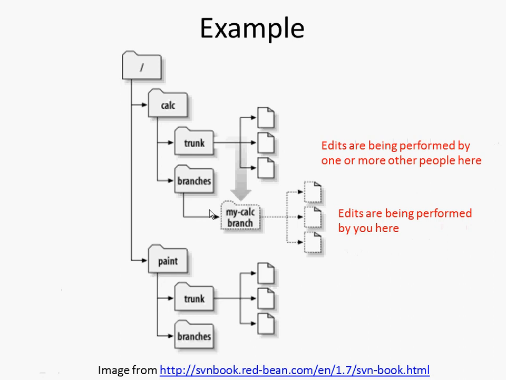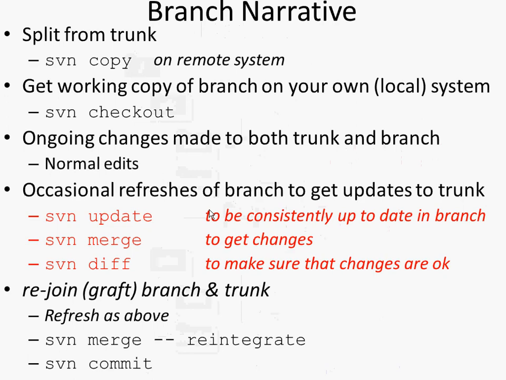So even though we're working in parallel, even though they're not troubled by my check-ins, my commits, they are undertaking changes in which I might be interested. Okay, so during this process, I'm going to be doing occasional updates to get the latest version of other people's code.